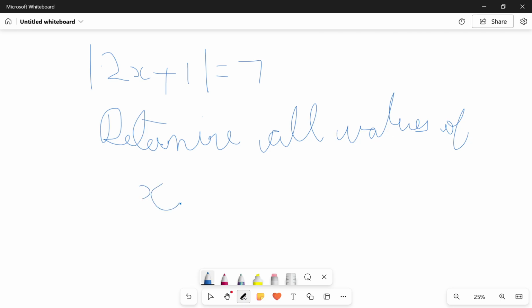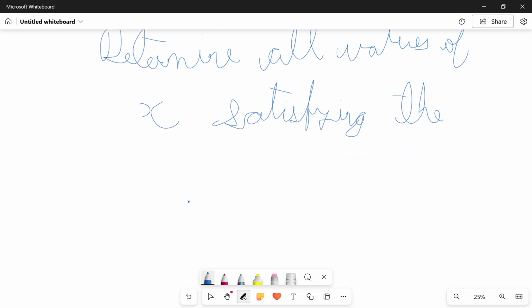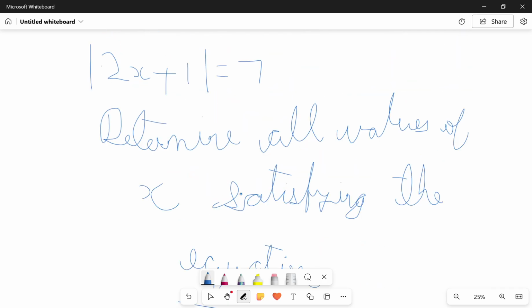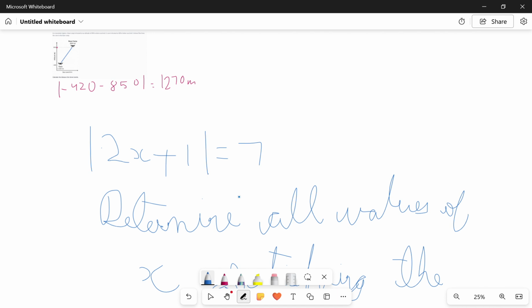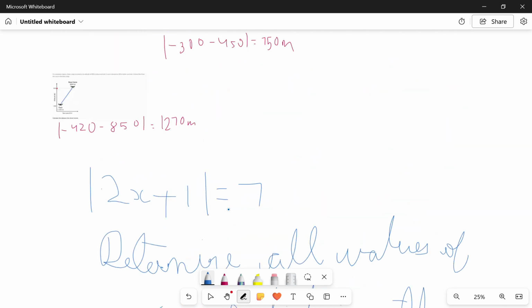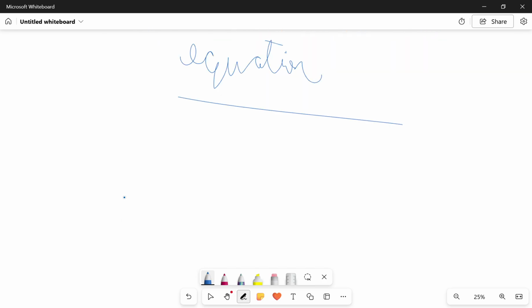Determine all values of x satisfying the equation. If I have to do it, 2x plus 1 is equal to 7, or 2x plus 1 is equal to negative 7.